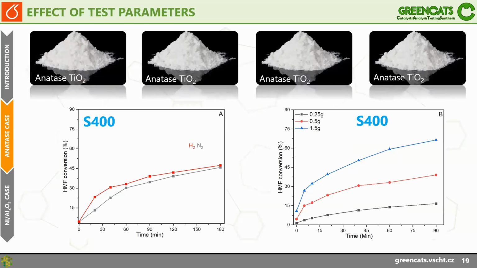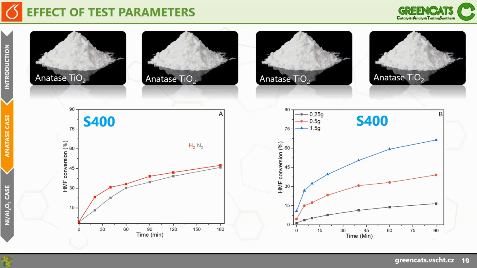We looked at a couple of different things. Here it's demonstrated on this support calcined at 400 degrees C. When we compare the reaction in hydrogen and nitrogen, they are identical or close to identical.